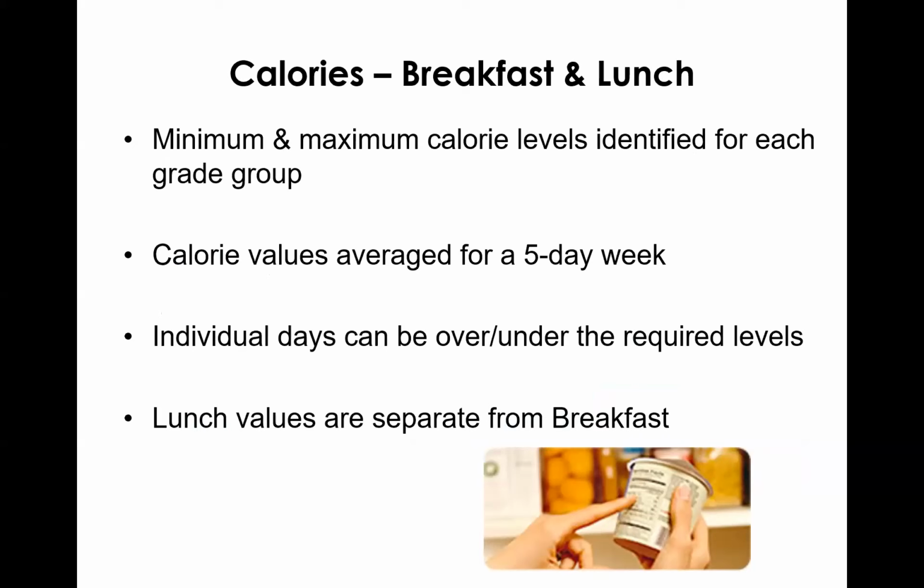So let's take a look at the calorie requirements for breakfast and lunch. As you can see on your handout page, there are minimum and maximum calorie levels identified for each grade group. And so we can see that for lunch, there is a range for grades K through 5, grades 6 through 8, a range for grades 9 through 12.